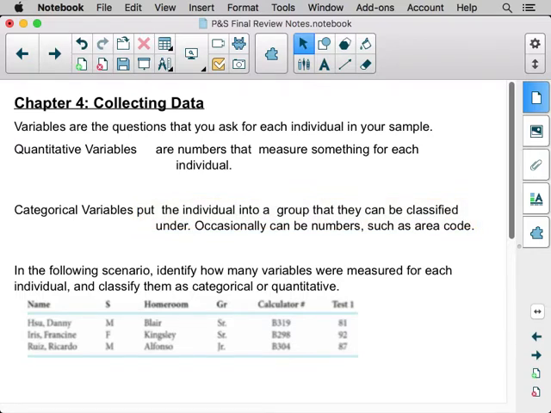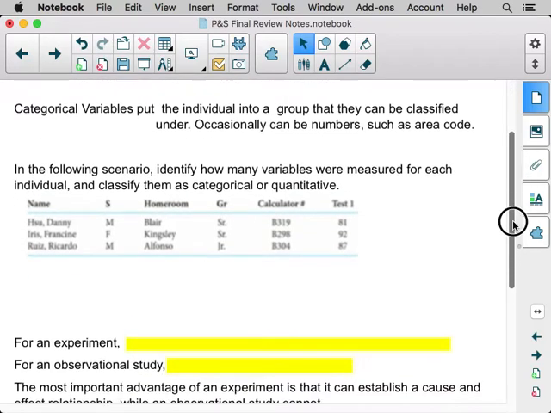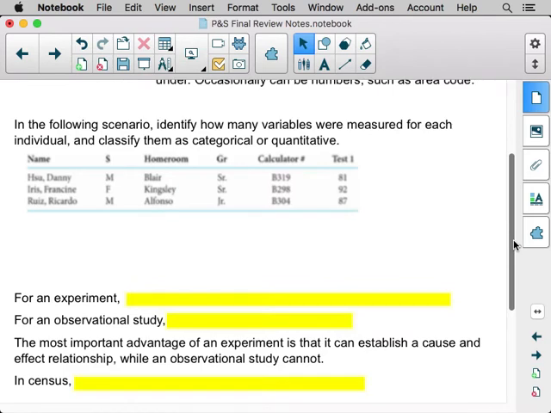If they're not numbers, or if you can't do math with the numbers, then they're called categorical variables. And those put individuals into a group that they can be classified under. And like I said, occasionally they can be numbers such as area code, zip code, all of that. So, with that said, let's go through and identify how many variables were measured and classify each one.